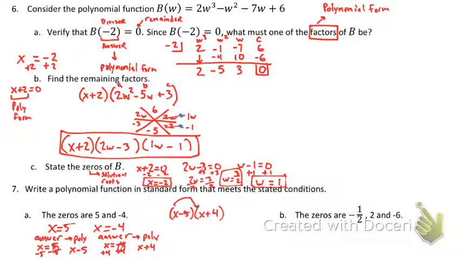If I multiply x times x, x squared, x times 4, positive 4x, negative 5 times x, negative 5x, negative 5 times 4, negative 20. Combine like terms here. So it's going to give me x squared minus x minus 20. And this is my function in standard form.